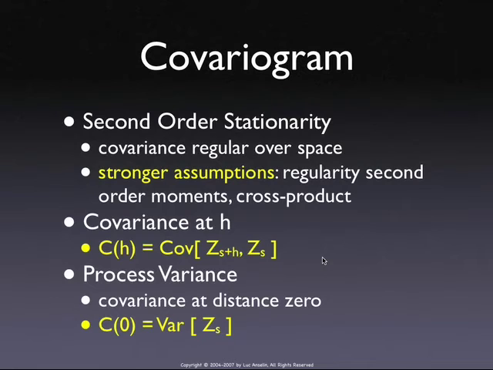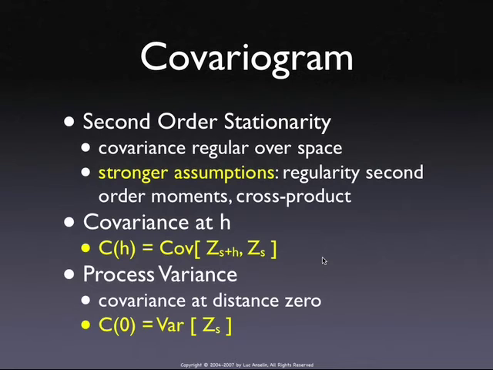So again, we need stationarity here, which translates into that the covariogram, the covariance, has to be regular over space, meaning it should not depend on the location, but only on the separation. That's the same as what we had before. But now the constraint pertains to the cross product, not to the square difference.